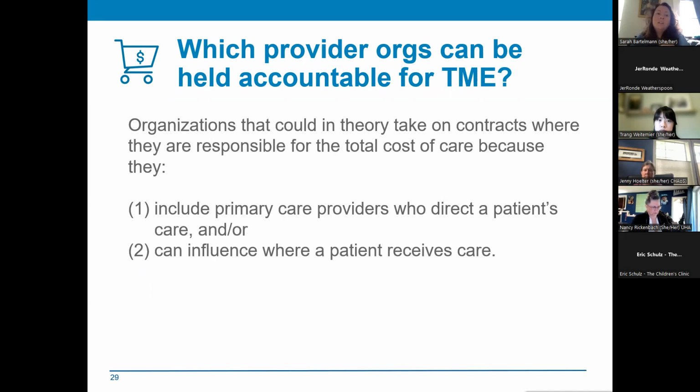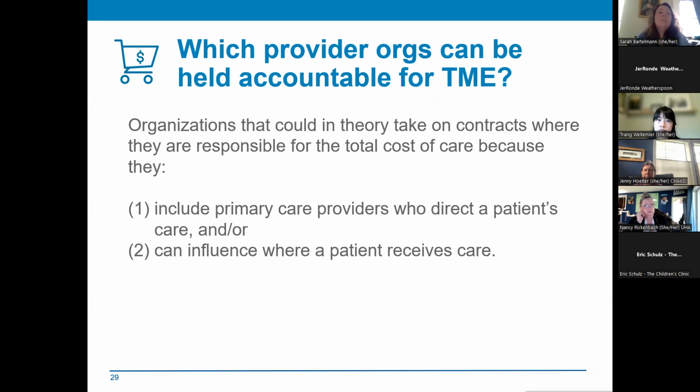It's pretty key to note here that we're not defining this as organizations that do have total cost of care contracts, because we know that that's not evenly distributed across the state, but that could, in theory, take on these contracts. So you may or may not have total cost of care contracts. That's okay. You could, in theory, take those contracts on because of the inclusion of primary care providers and the possibility to influence where a patient receives care.